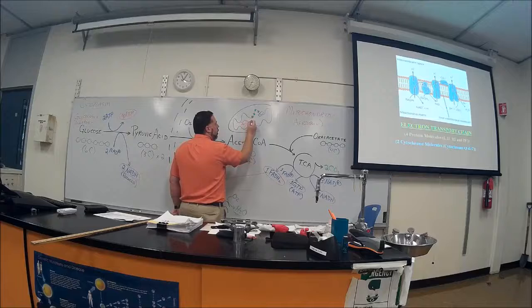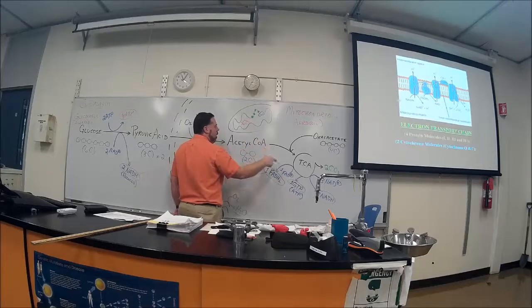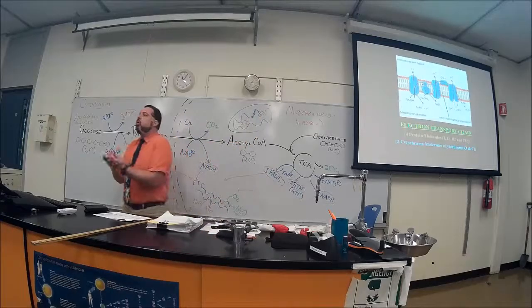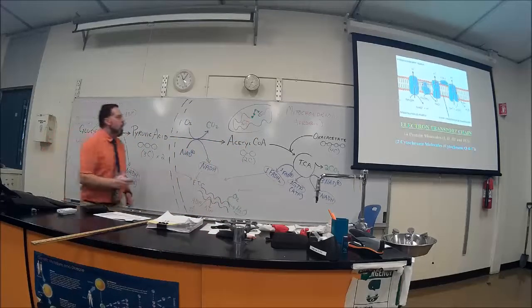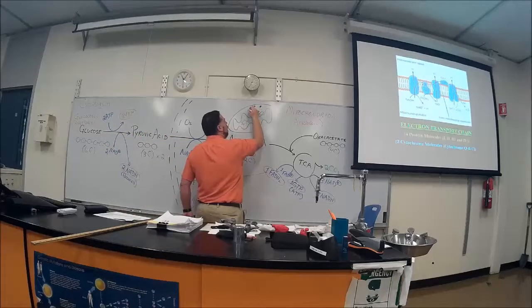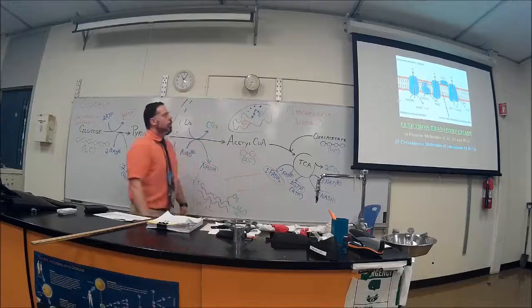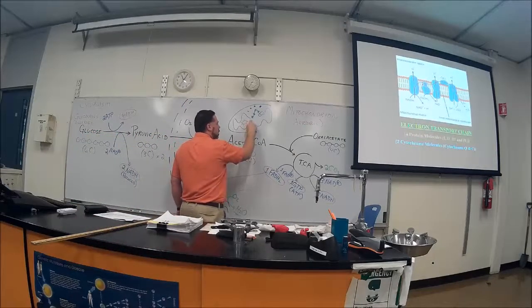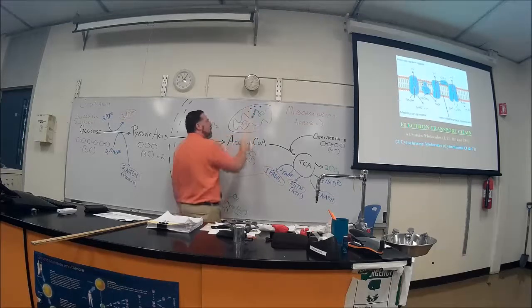These items are going to pass through these items here and put those extra electrons out into the intermembrane space. The more FADHs and NADHs that are happening over here, the more hydrogens get pumped out of there.